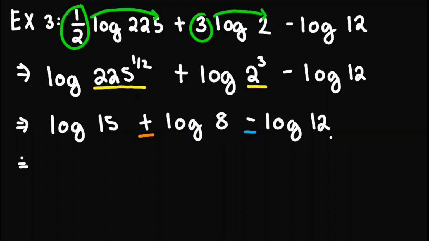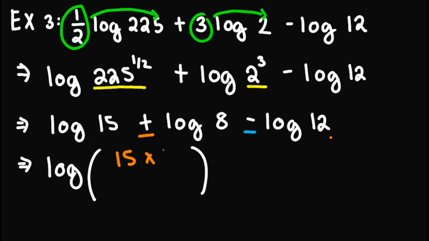Therefore, this is just the logarithm of, first with a plus sign, we'll have 15 times 8. This is all over, on the minus sign out here, so we've got 12 in the denominator. And now we are just left to simplify this expression inside the logarithm.